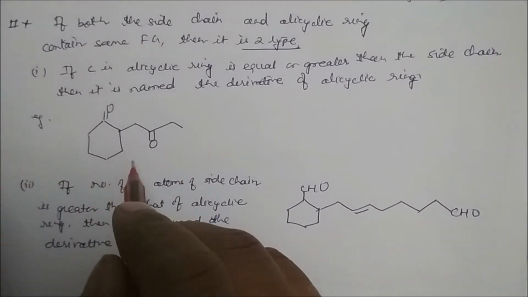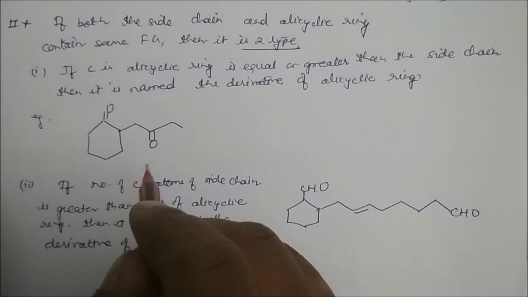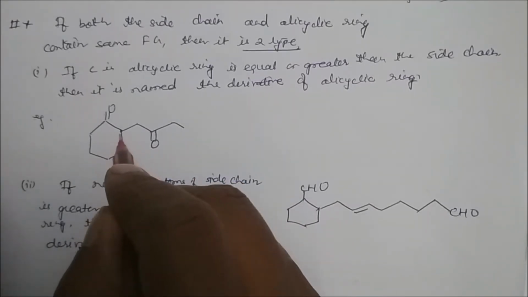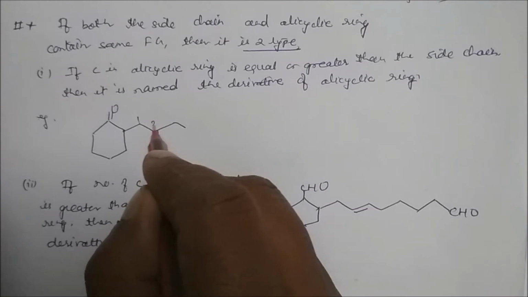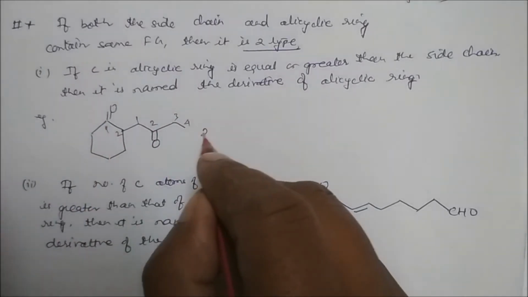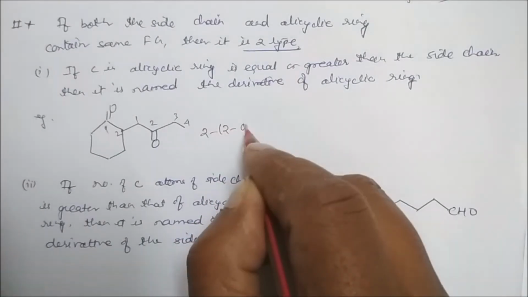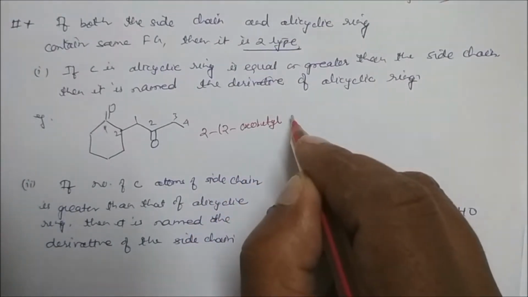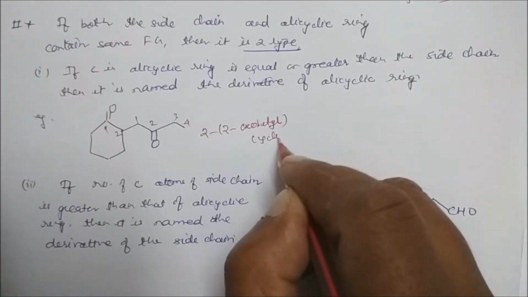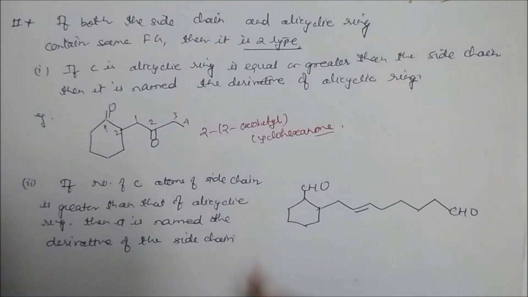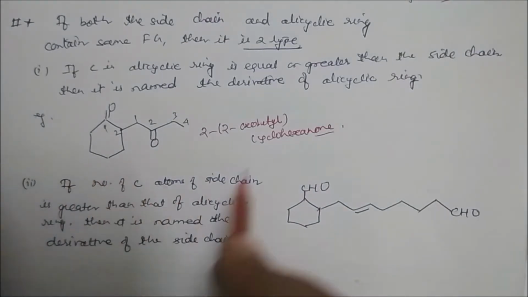So how do you write the name? This is 1 and 2, and this is 3 and 4. So we can write 2-dash, 2-oxobutyl, right? And then next is cyclohexanone. Fine, clear?